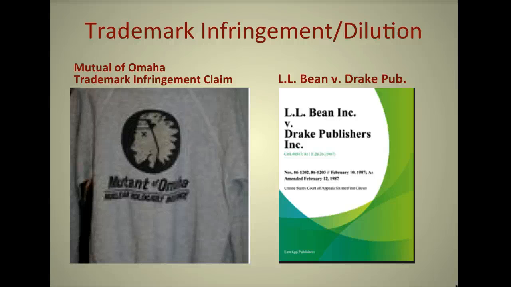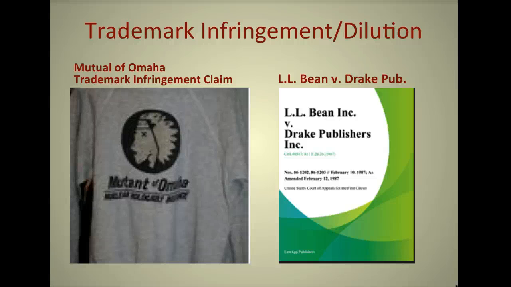And so Mutual of Omaha, in their trademark infringement lawsuit, argued that Novak was not only a competitor because they also sold T-shirts. Mutual of Omaha also sold T-shirts and cups and other things through third parties. So then there's competition between Mutual of Omaha's T-shirt and this Mutant of Omaha T-shirt.